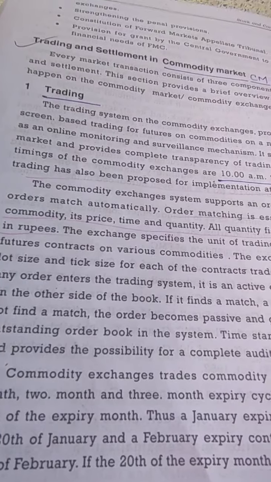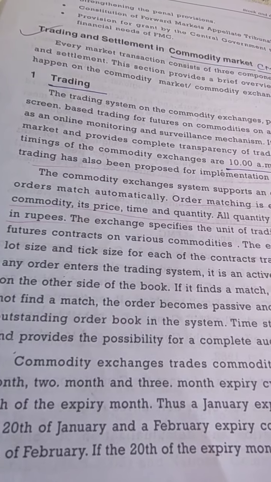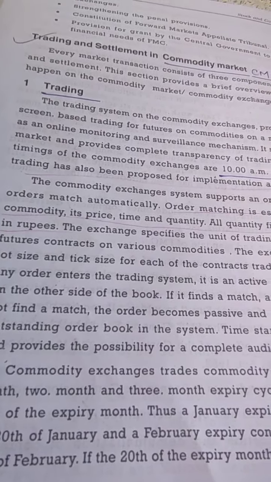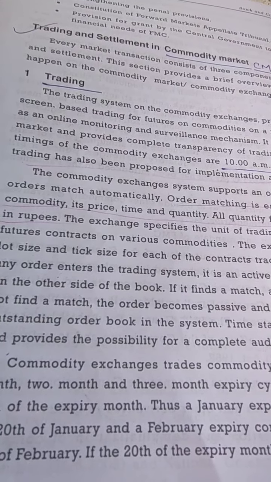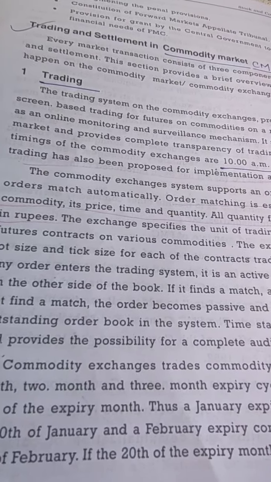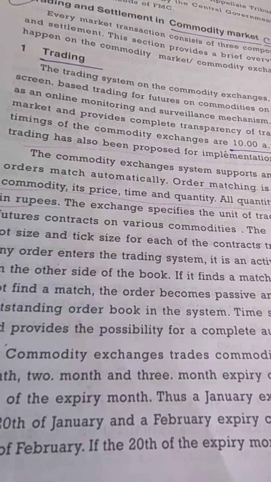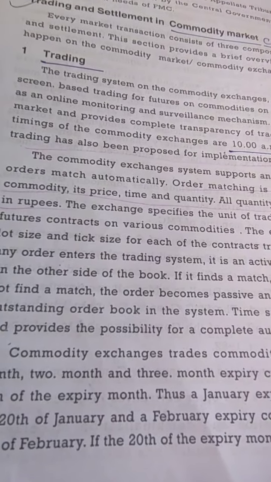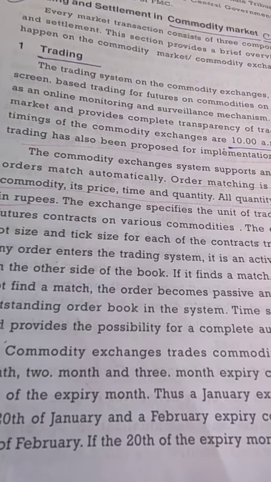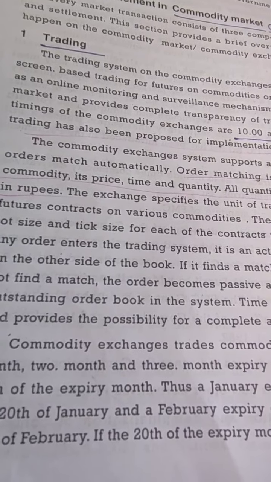So the trade timing is only between 10 to 4, and the exchange will keep notifying the lot size and the tick size for each contract to be traded from time to time. Now what is lot size and tick size?